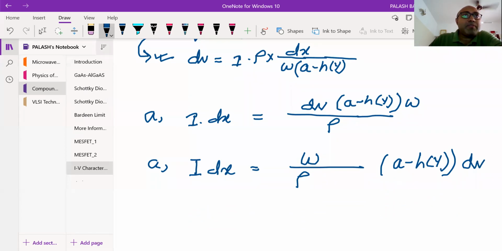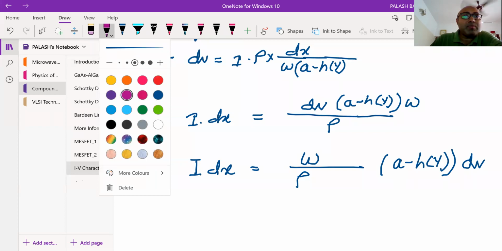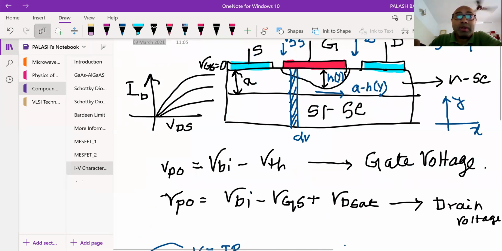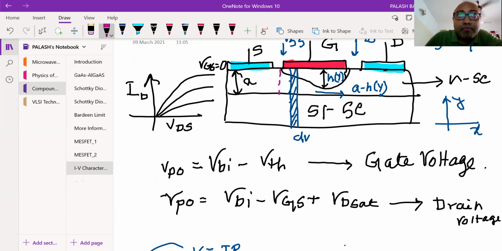So the limiting factor is the boundary condition over here. So let us draw the boundary condition. We are trying to calculate the current, so suppose this is my L, L is the length.